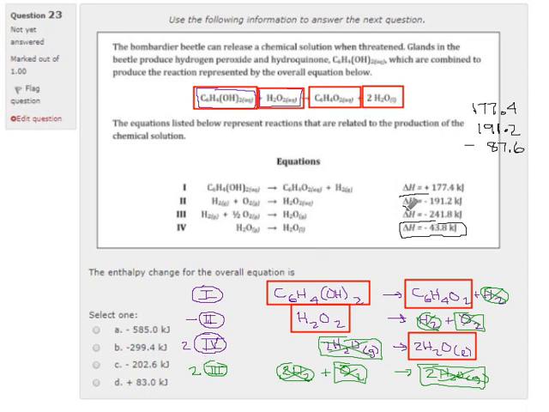And 2 times reaction 3 means we get 2 times this delta H, so minus 483.6. 177.4 plus 191.2 minus 87.6 minus 483.6 is minus 202.6 kilojoules. That's one of those answers, so hooray, looks like we made it.